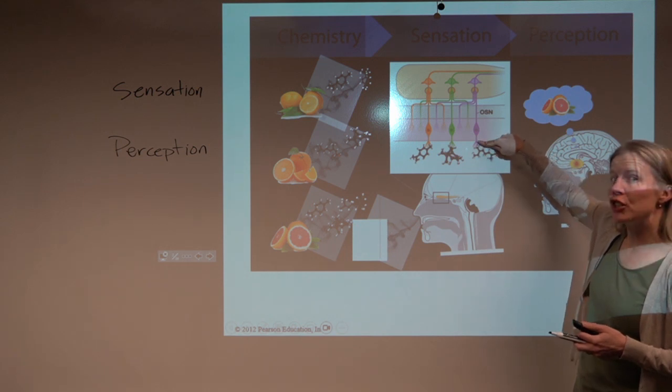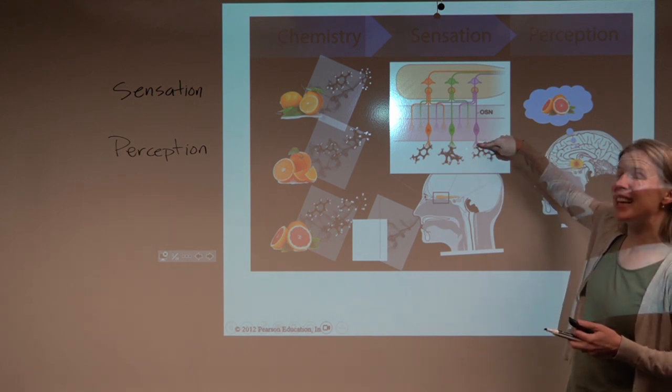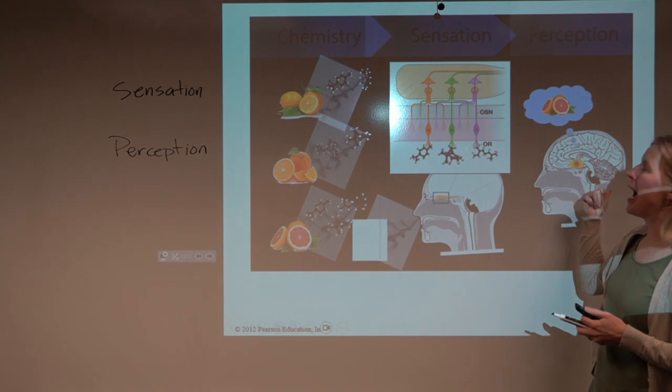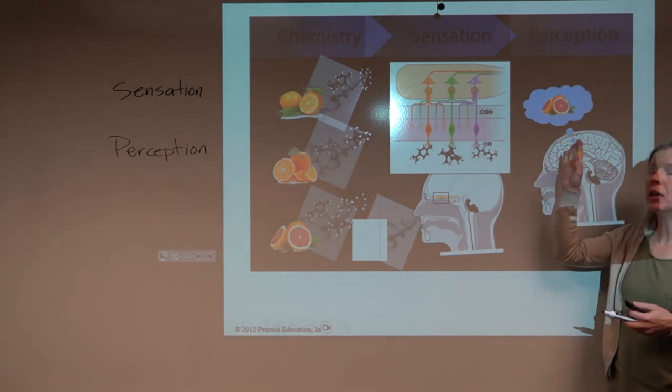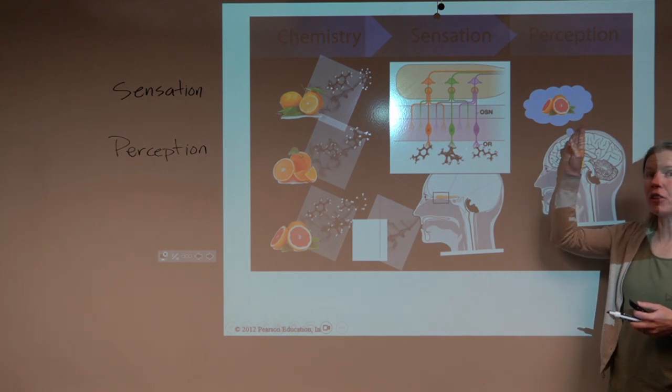But that chemical actually has to bind to the receptor, and an action potential then has to make it to the brain in order for us to perceive this orange.